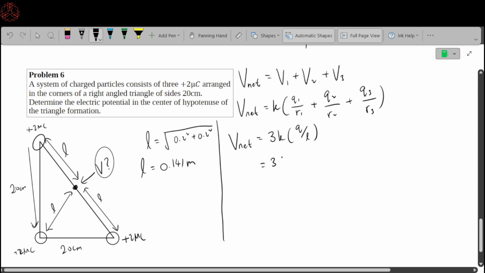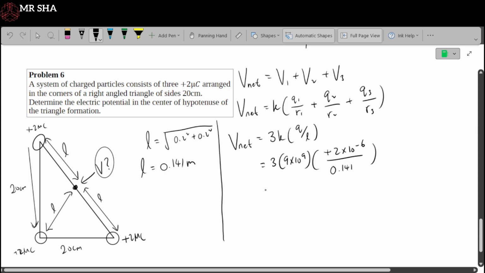Then I will have 3 times 9 times 10 to the power of 9, then my Q is just positive 2 micro, where micro is times 10 to the power of negative 6, over the L that I calculated, which is 0.141.